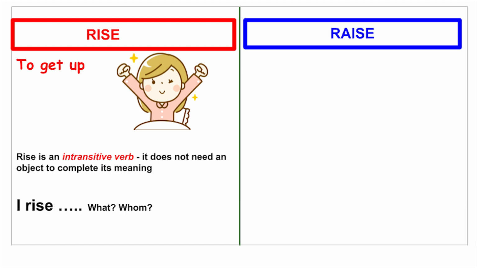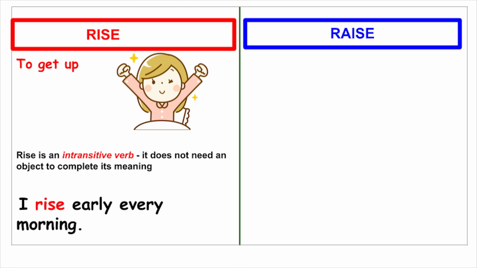If we ask the question, rise what or rise whom, we do not have an answer. I rise refers to my own upward movement. It's not transferred to an object. I rise early every morning. Early every morning is an adverbial phrase which just gives more information about the action.